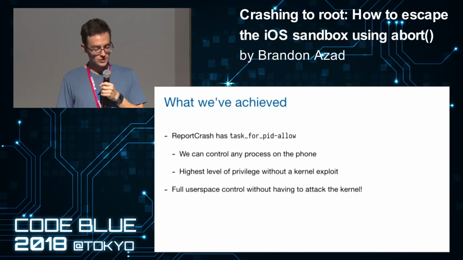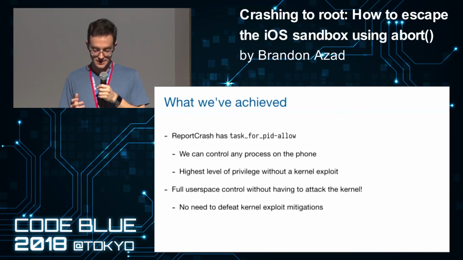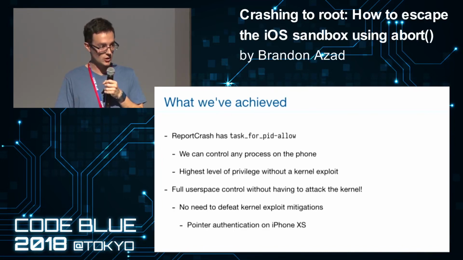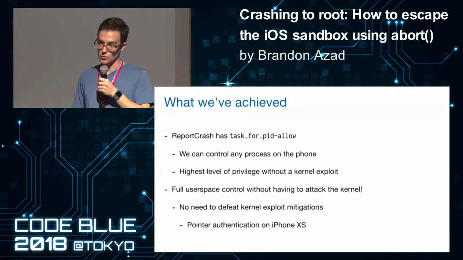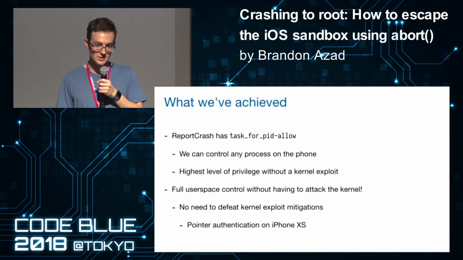Also, it's interesting to note that we have full user space control without having to attack the kernel at all. This means that we don't have to defeat Apple's kernel exploit mitigations. And the kernel mitigations are improving all the time, most recently with the addition of pointer authentication on the new iPhone XS. So anytime that we can attain our goals without having to defeat these mitigations, that's a huge win.